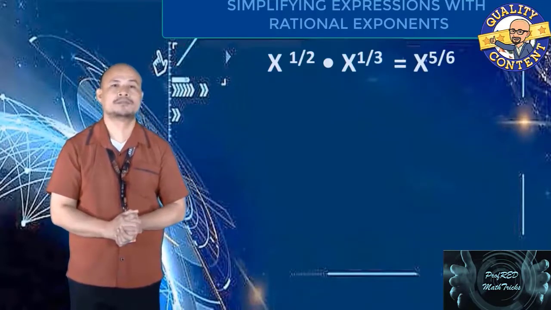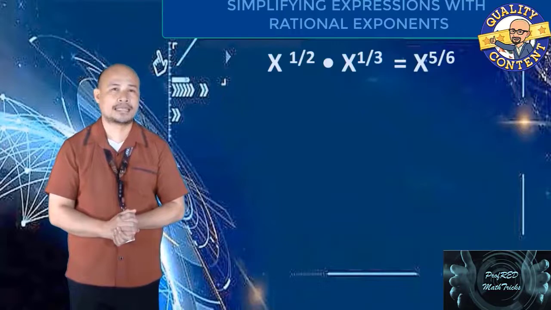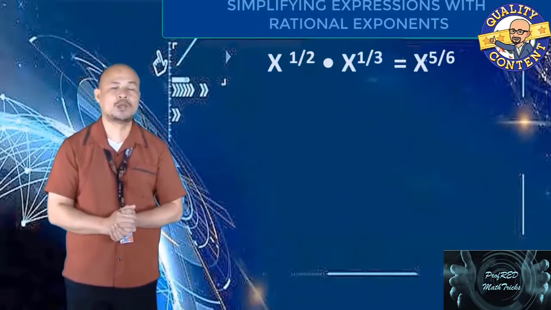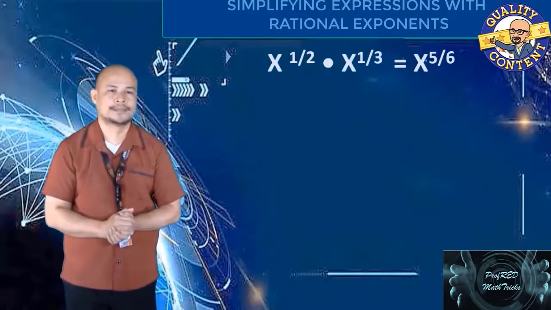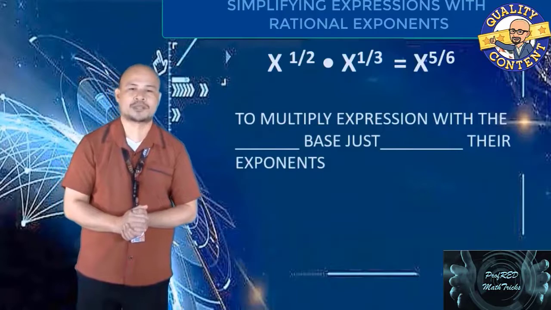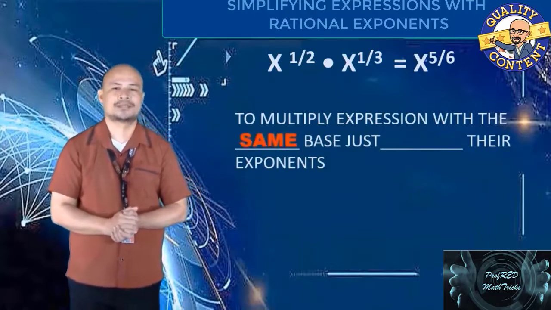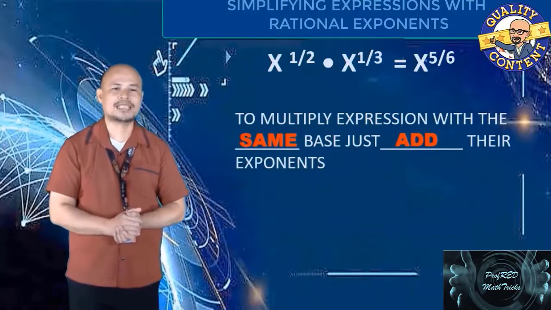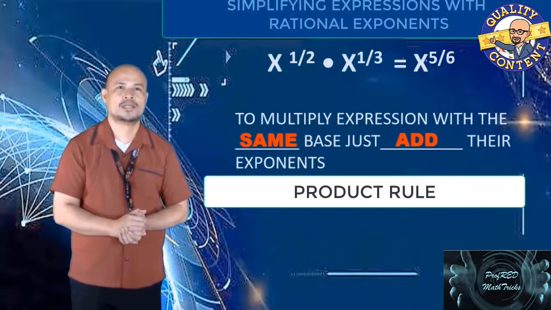In this example, what operation is involved? Do we have the same base? What did we do with the exponents? To multiply expressions with the same base, just add their exponents. This is called the product rule.